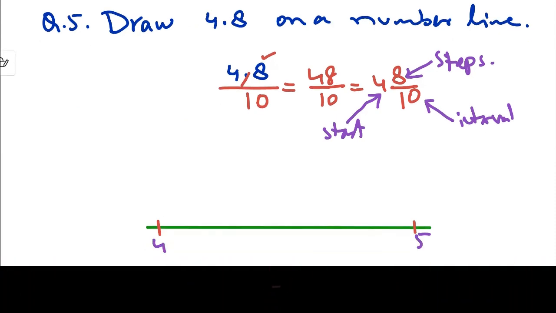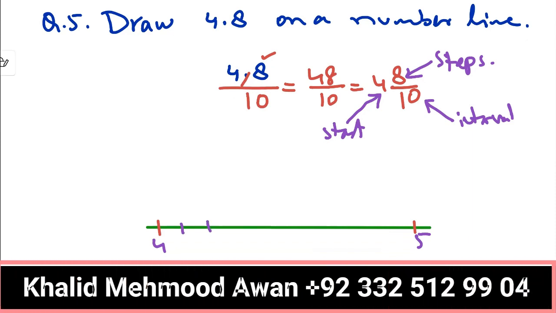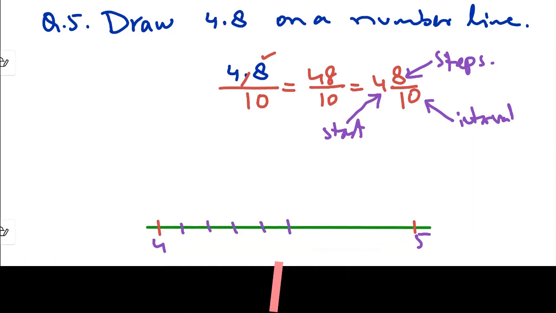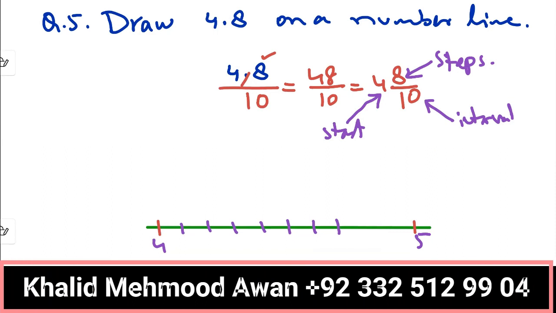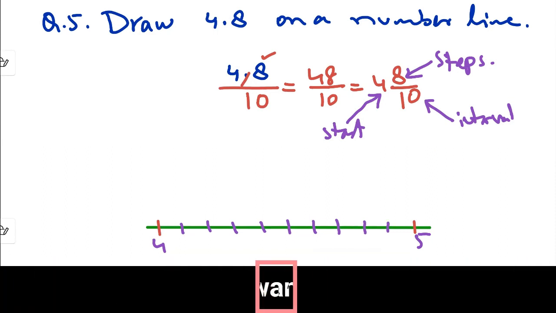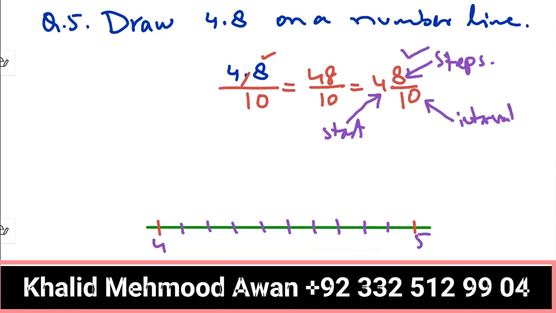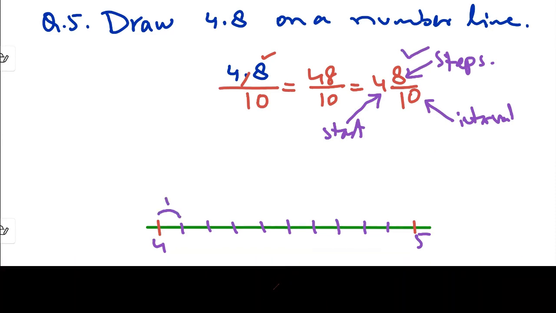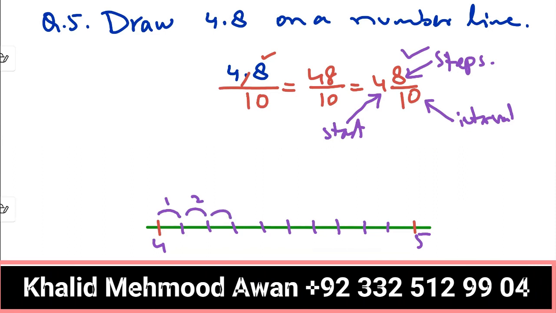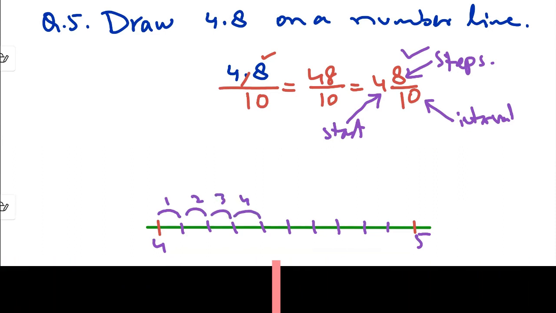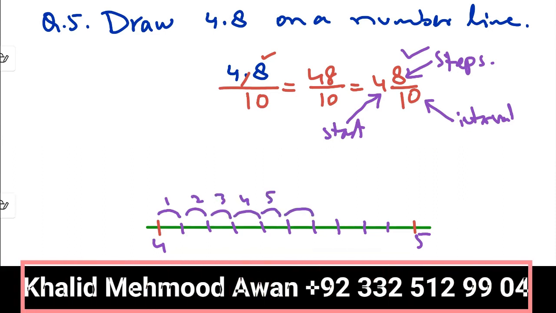So we are drawing 9 lines: 1, 2, 3, 4, 5, 6, 7, 8, and 9. And then how many steps do we have to move? There are 8 steps, so we are moving 8 steps: 1, 2, 3, 4, 5, 6, 7, and 8.